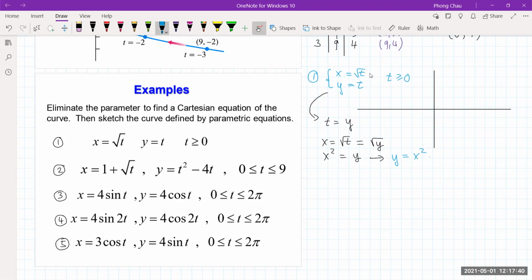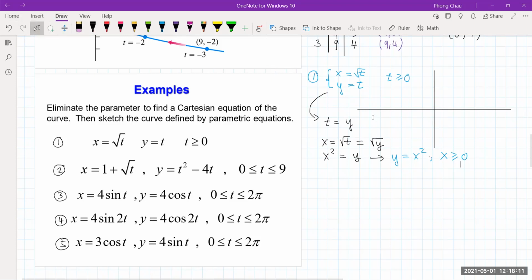Now, square root of t is always positive, right? So if you plug in any values of t, then square root of t is always positive. And that means given y equals x squared, x cannot be anything because it comes from here. x has to be greater than or equal to 0.